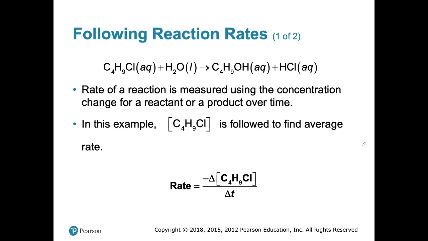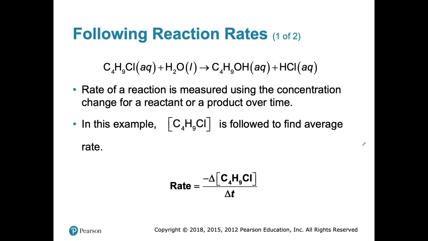And so the rate of the reaction is measured using the concentration change of a reactant or a product over time. So here in this example, we're going to use one reactant, and that reactant will be chlorobutane. And so since we're looking at the concentration of the chlorobutane, we're going to put the chlorobutane's formula inside of the concentration brackets.